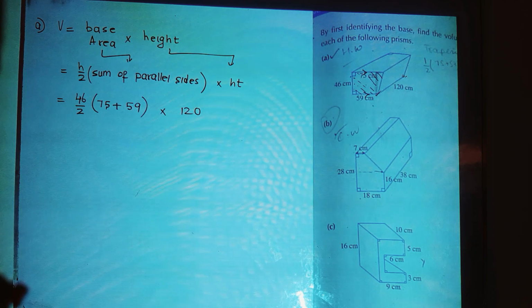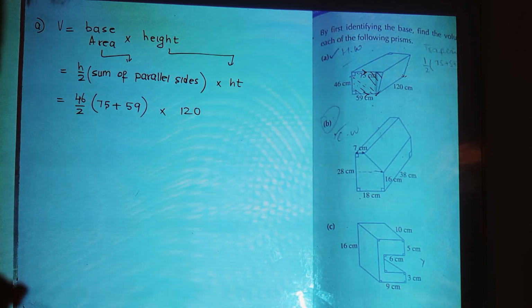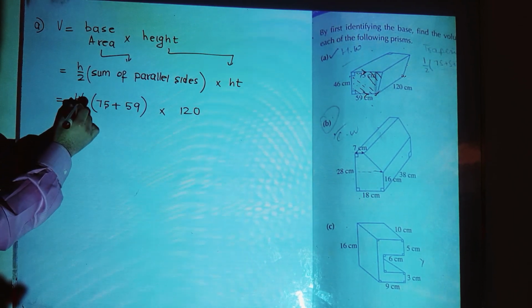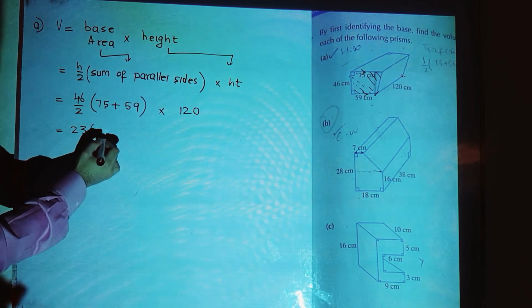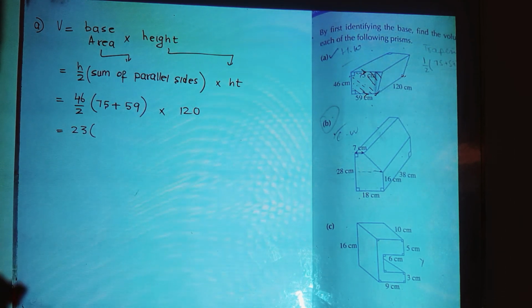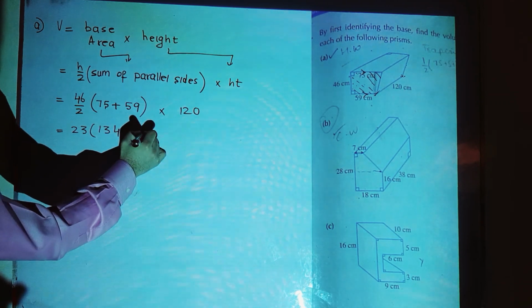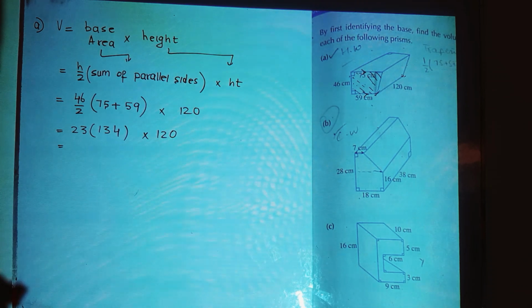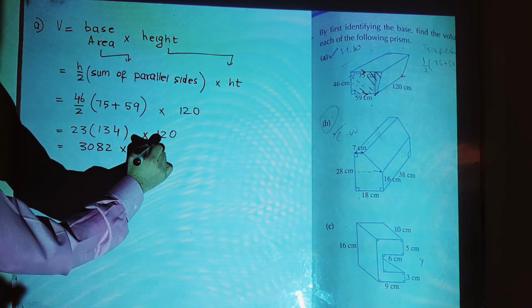So you can work it out. 75 plus 59 will give you 134, while 46 over 2 will give you 23. 134 into 23 will give you 3082, into 120.